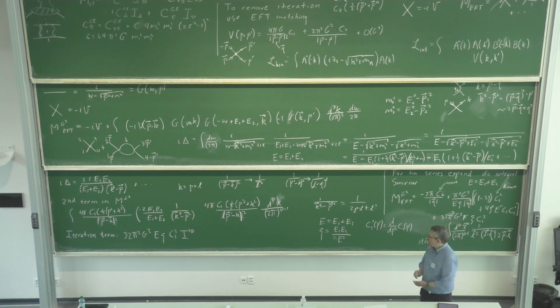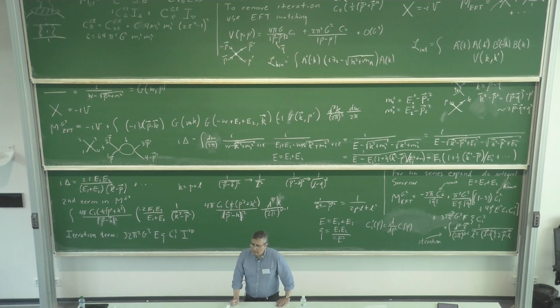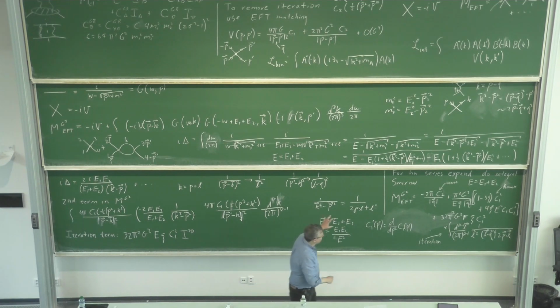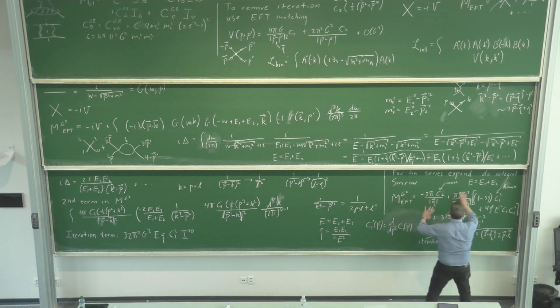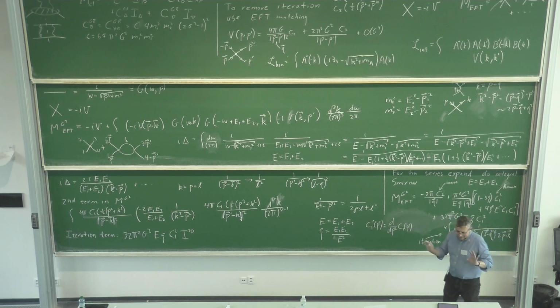Okay, so you might say, but why are you doing it this way? Why don't you just do the damn integral? It's a one-loop problem. And indeed, you're right. At one loop, you can do it any way you like. You don't need all this stuff I'm talking about, the iteration and the matching.